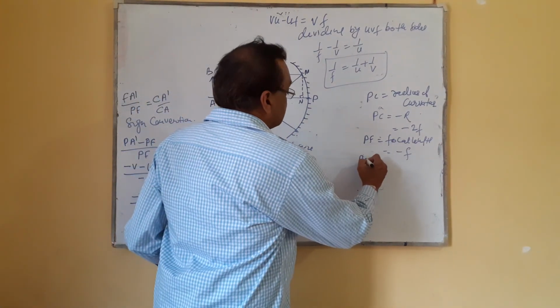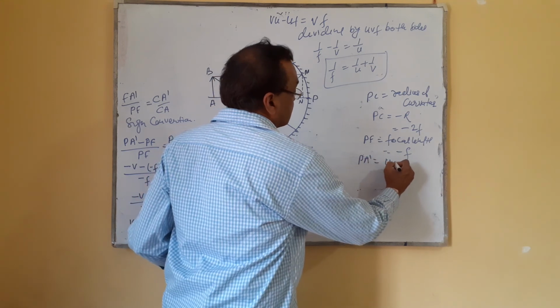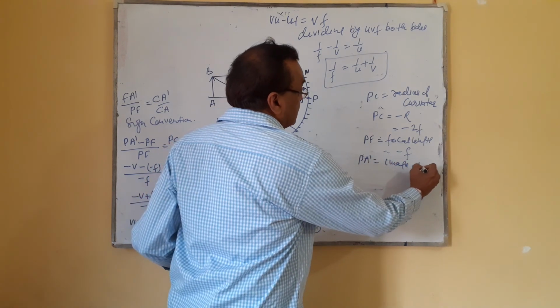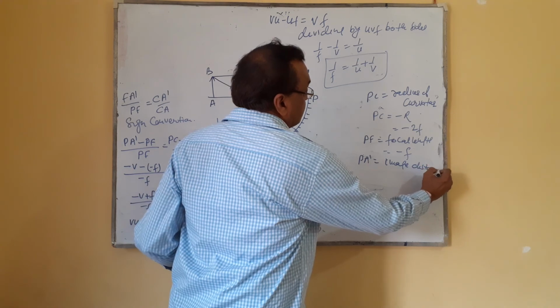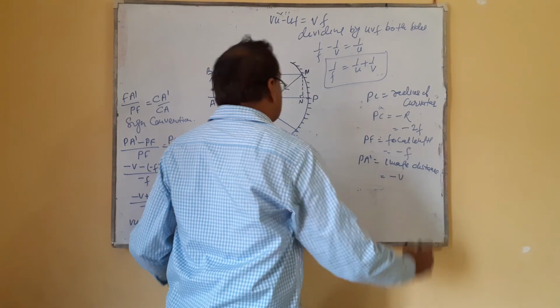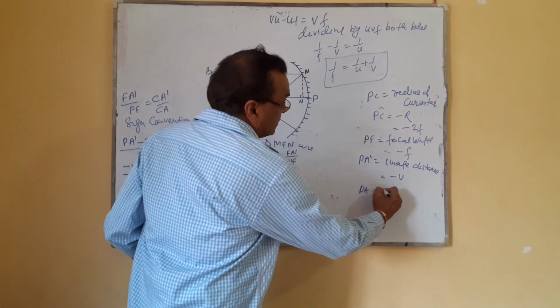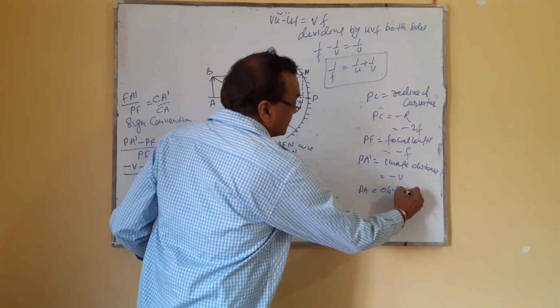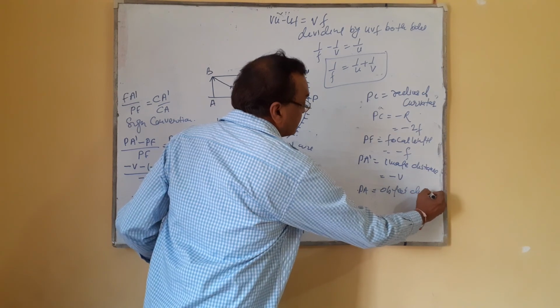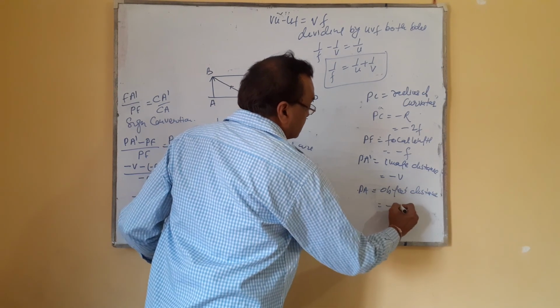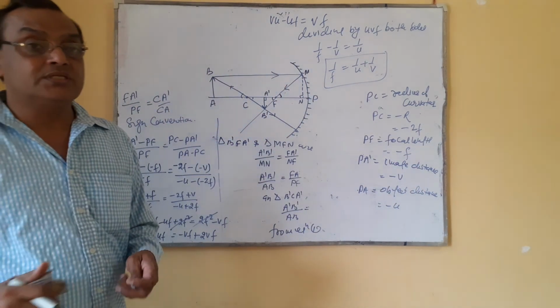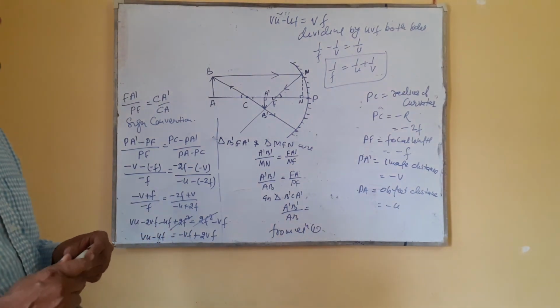And PA' is the image distance, so that will be minus v. And PA is the object distance, so that is minus u. So this is the mirror formula.